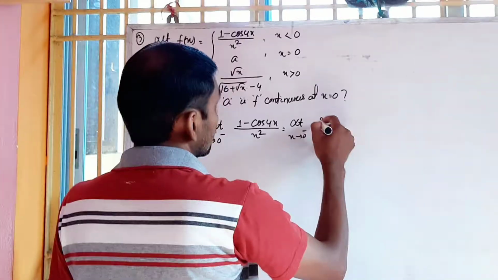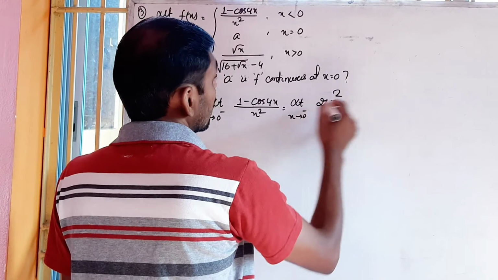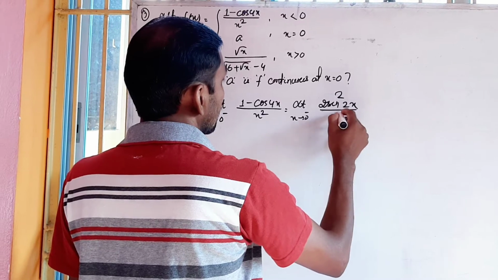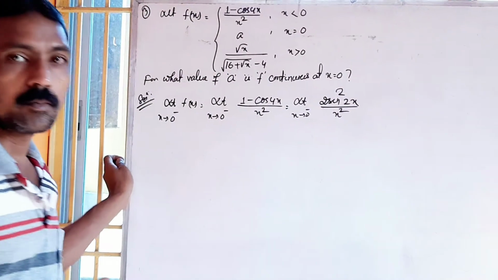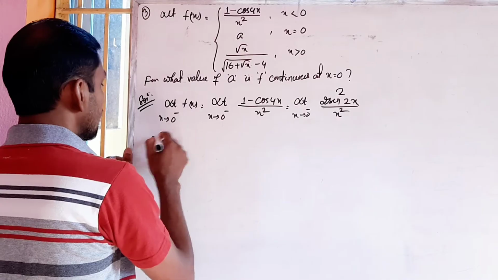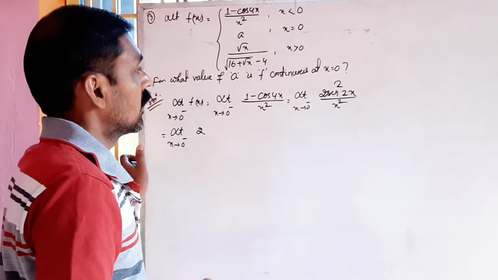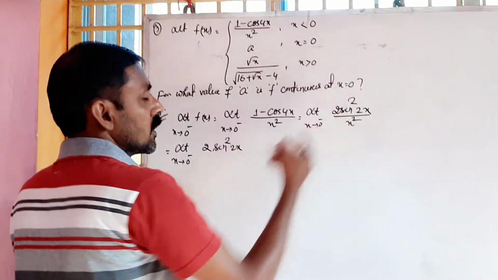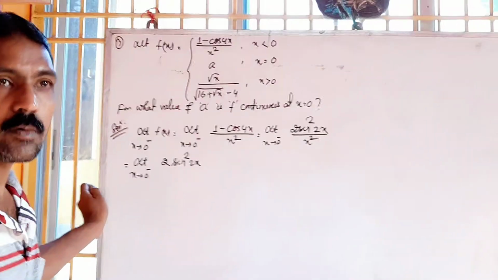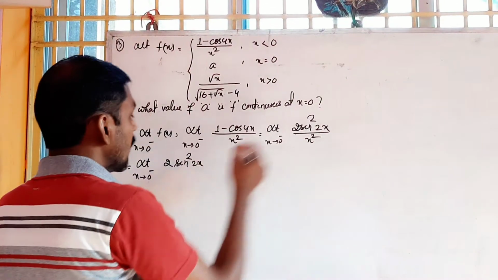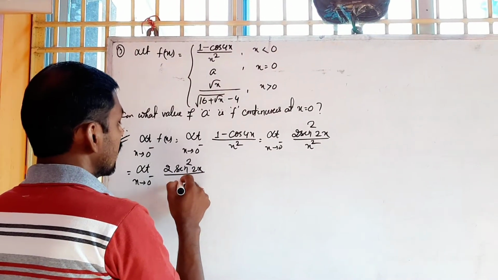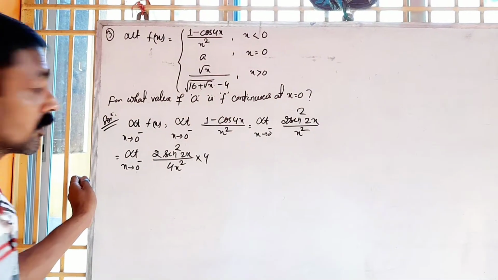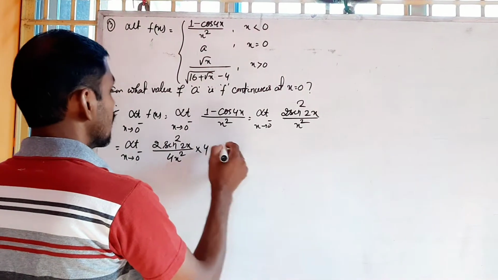So it will be 2 sin square of half of 4x, that is 2x, by x square. So this is 2 sin square 2x, that is sin 2x whole square. So it should also be in that form, so here we will multiply and divide by 4.